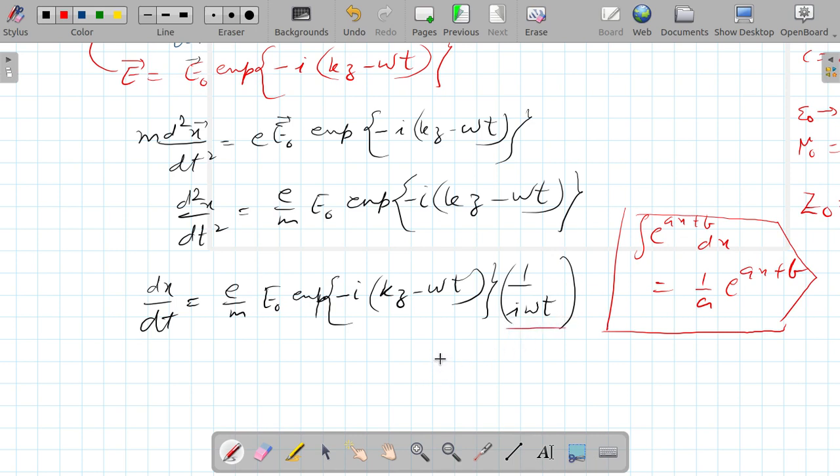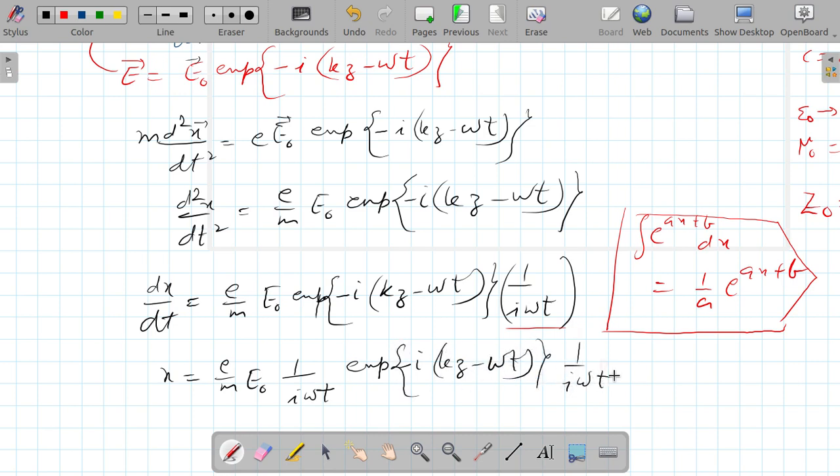Now again, I will take its integral. And if I take its integral again, then x is equal to e by m E naught, this 1 over iota omega can be written here, and its integral will be exponential minus iota (kz minus omega t), and then again 1 over iota omega will be here, right?